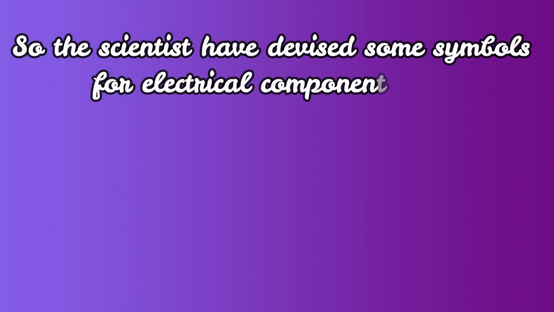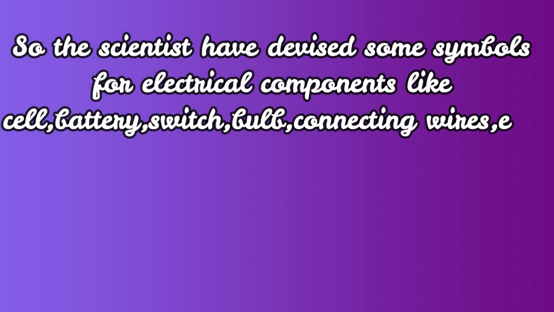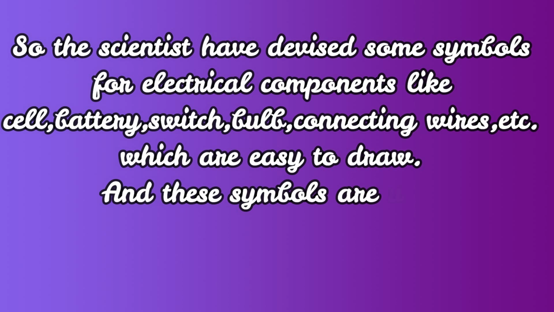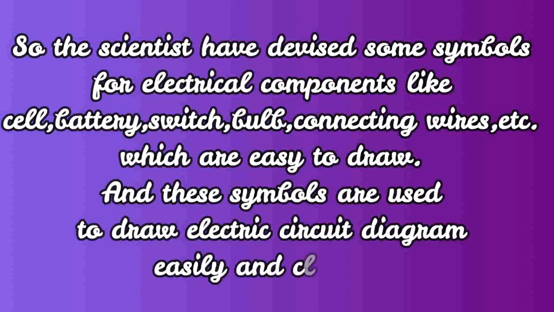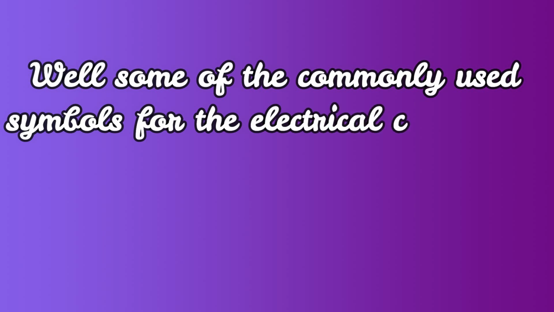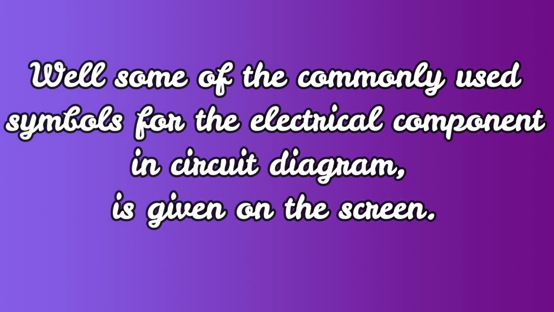So the scientists have devised some symbols for electrical components like cell, battery, switch, electric bulb, and connecting wires, which are easy to draw. These symbols are used to draw electric circuit diagrams easily and clearly. Some of the commonly used symbols for electrical components in circuit diagrams are given on the screen.